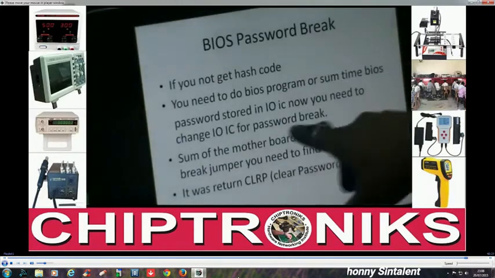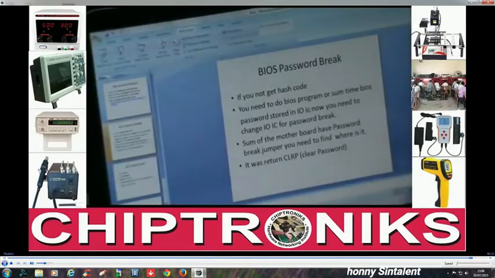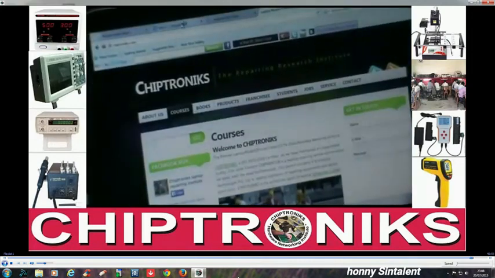Now here we discuss if you do not get a hash code. On some kinds of motherboards, when you put a wrong password in the BIOS, it will generate a hash code. Different motherboards and different models generate different kinds of hash codes, which look like this.